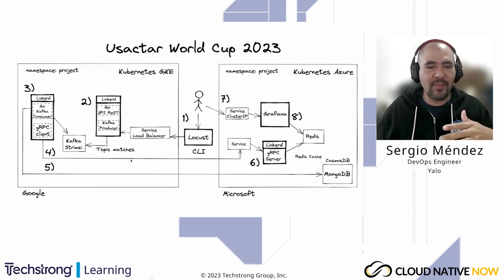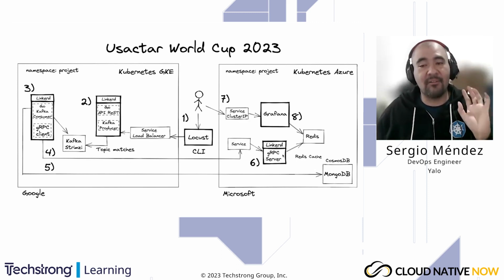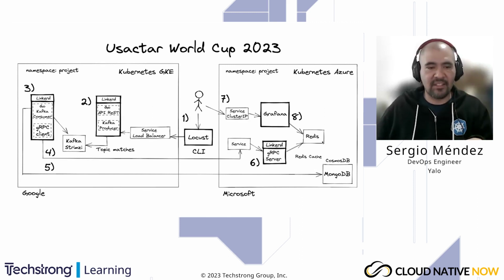Finally, this gRPC server is going to insert the data on Redis. In parallel, it's going to send log information to MongoDB.